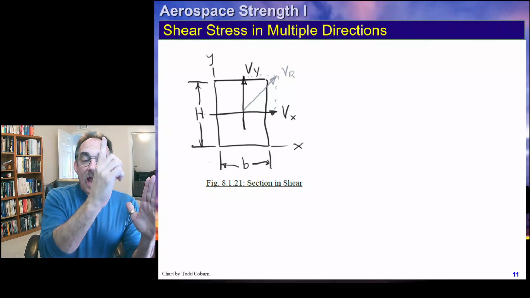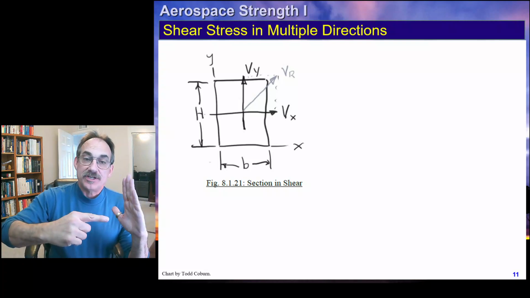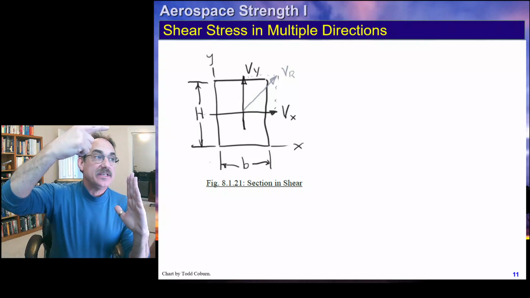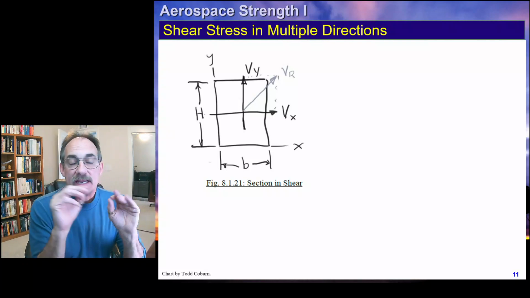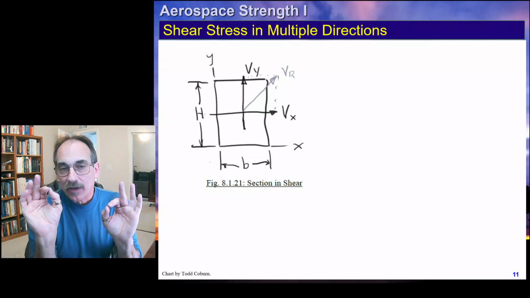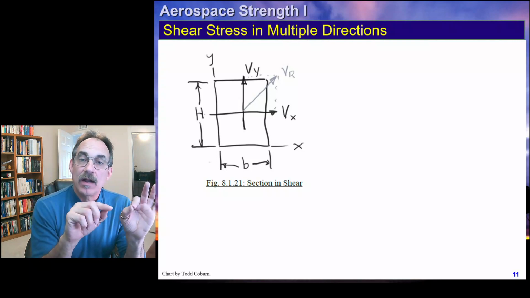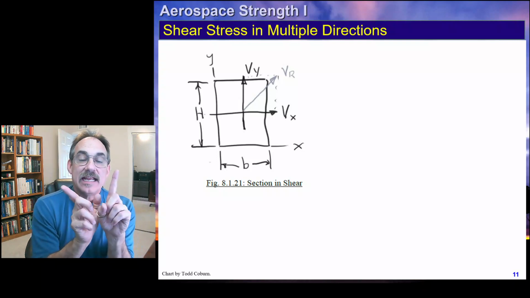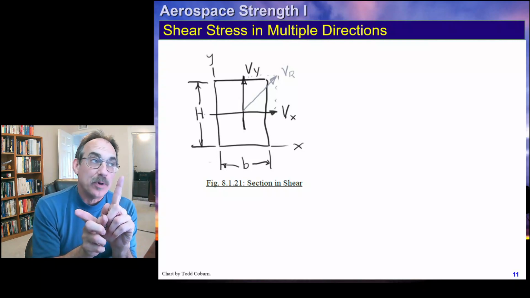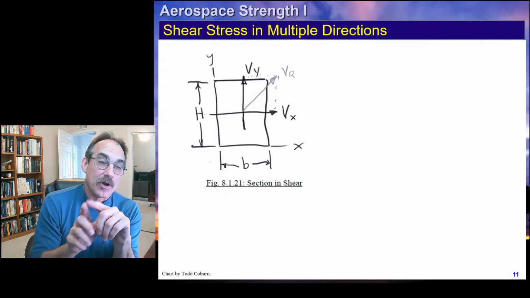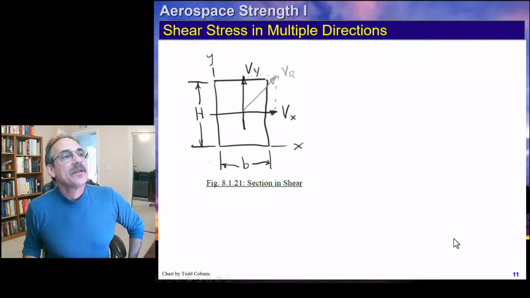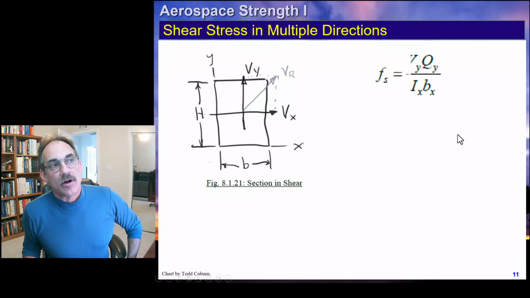And that Vy is going to cause a parabolic distribution of stress from the bottom to the top. And we could evaluate each of these separately as the VQ over It of each of their components. That's going to give us two components of stress. We could put those two components of stress together in a root mean squared kind of way to calculate the total shear on the part.